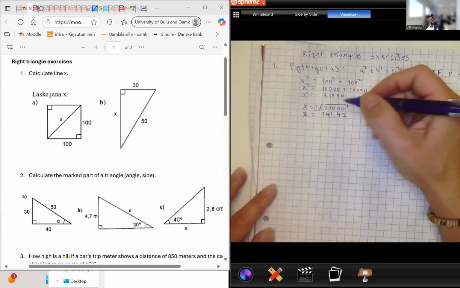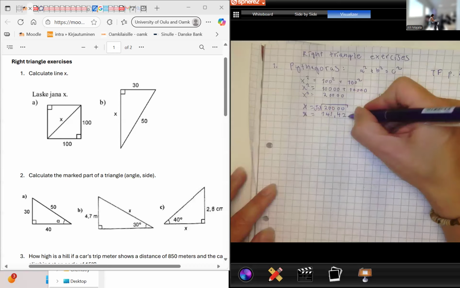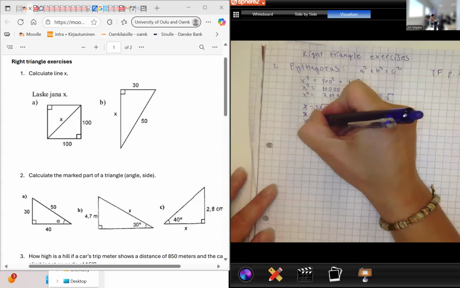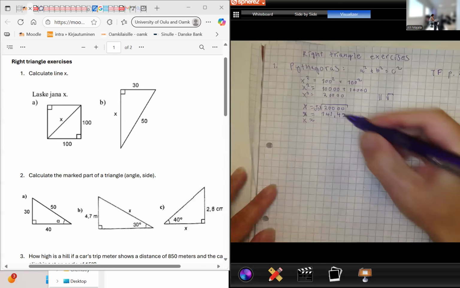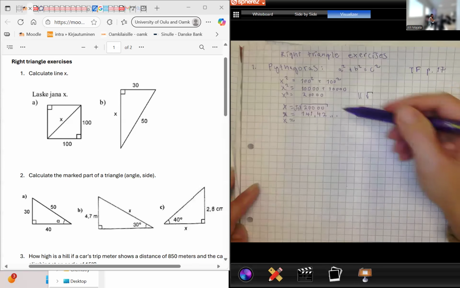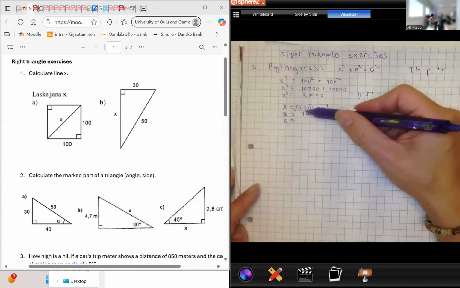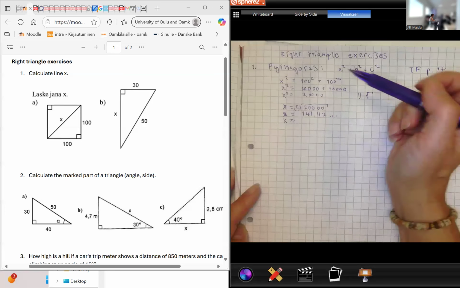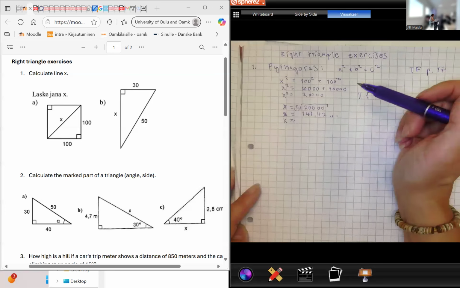And there wasn't any unit, 100 something. And then there are more decimals. And if we would want to round it, then what is the correct rounding for this?